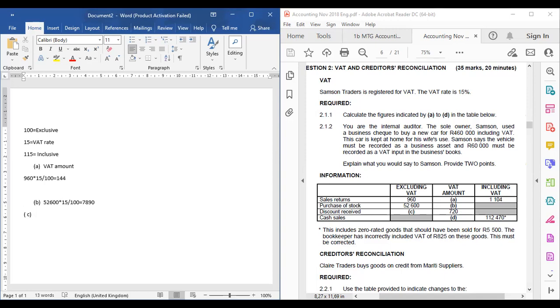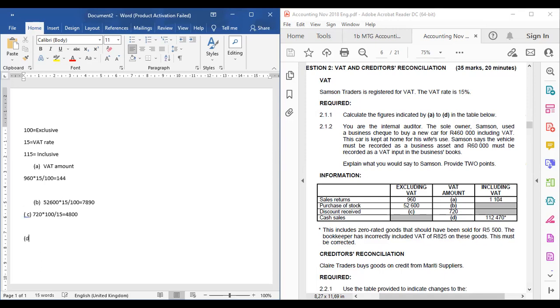So it means a discount was received, and we have the VAT amount. Now we have to calculate the excluding amount. So it's going to be 720. You ask yourself, what am I looking for? We're looking for excluding, and excluding is 100. Then we have the VAT amount, which is 15. So 720 times 100 divided by 15, which equals 4,800.